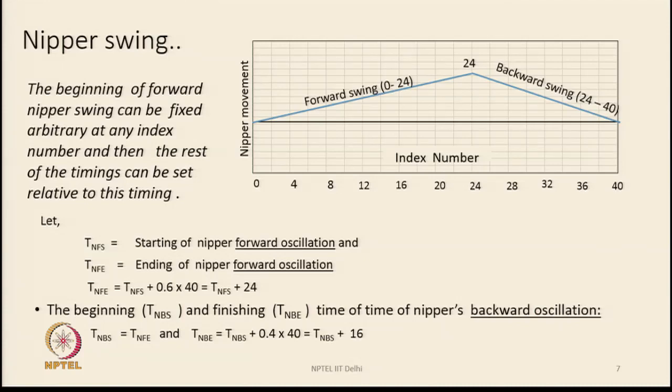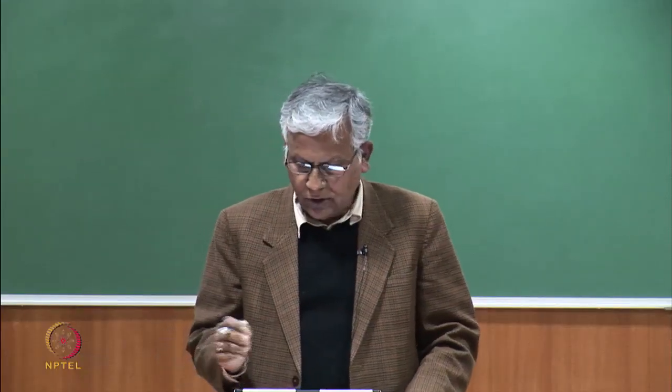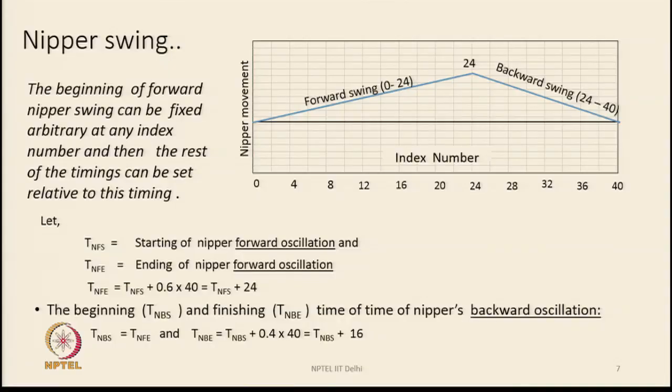We have to remember that the beginning of the forward journey for the Nipper we can keep at any index number, and once we fix it, the rest of the settings for other operations or other elements can be set.